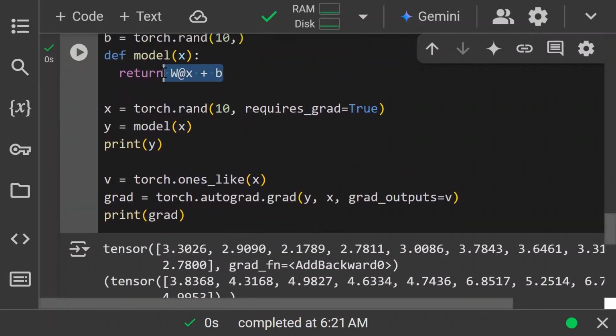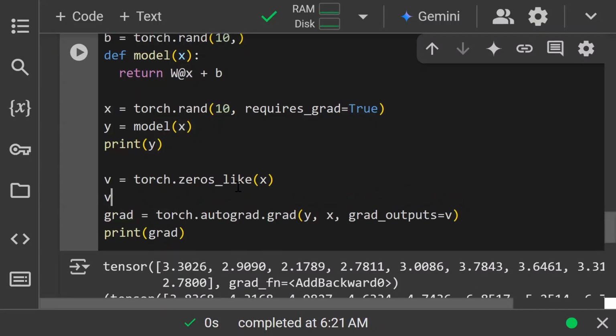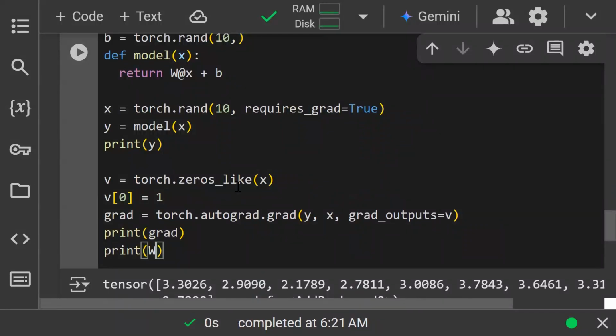This being a linear function, the derivative of this function with respect to X is going to be simply the matrix W. So if I do this and get the first row of that gradient, that's got to be the same as W. Actually, not the first row, it's the first column, the zeroth column.